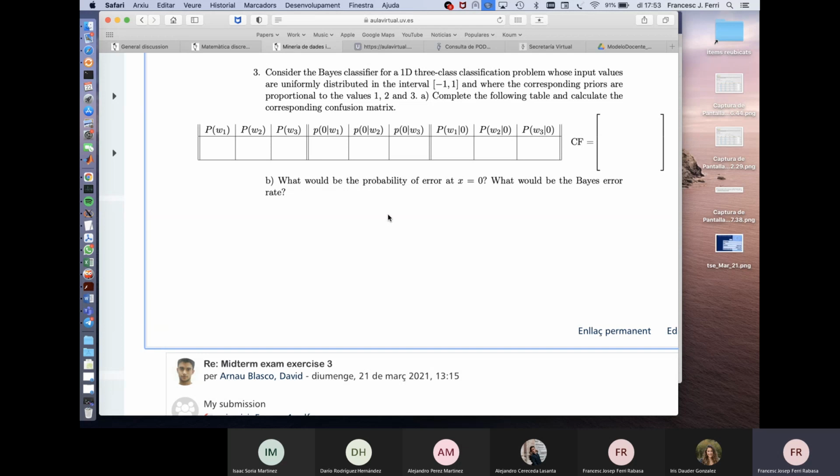Is that clear? Was it clear? Anyone? First of all, we were asking here for the confusion matrix.